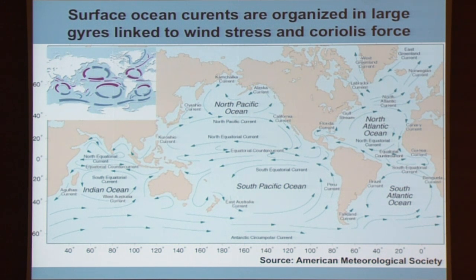The surface ocean currents are, there is a typo here. They are organized in large gyres at the surface that are linked, in fact, to the wind stress. And because of the Coriolis force, the transport is concentrated on the western boundary of oceans as western boundary currents.